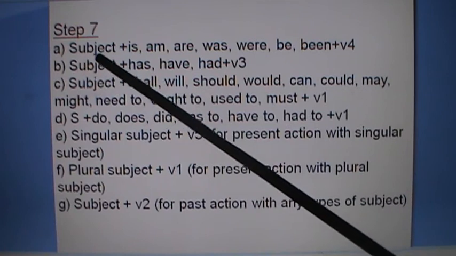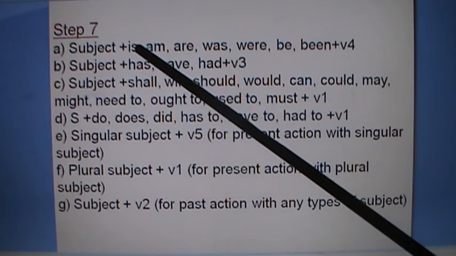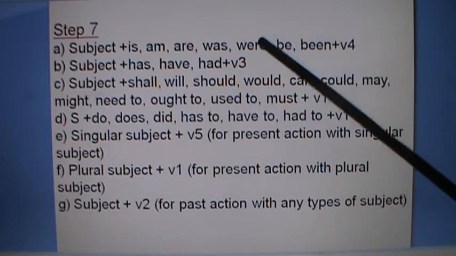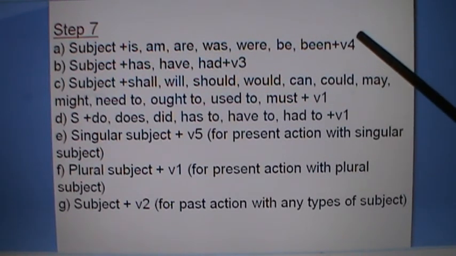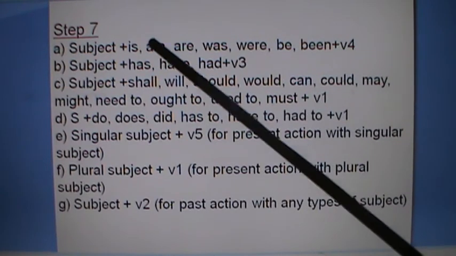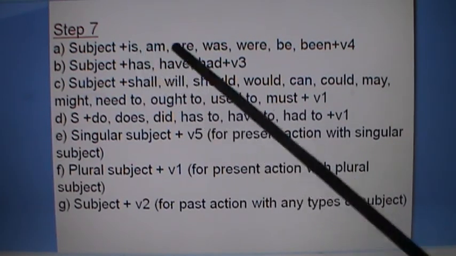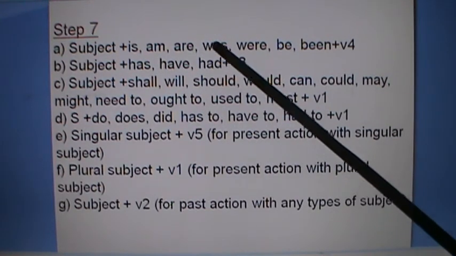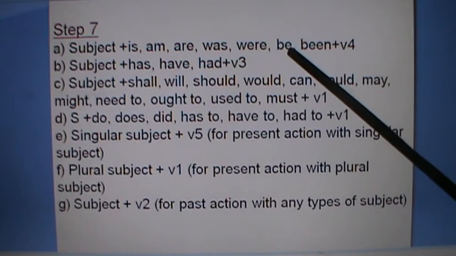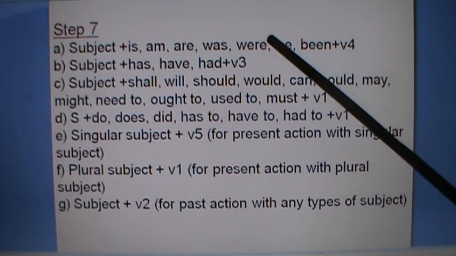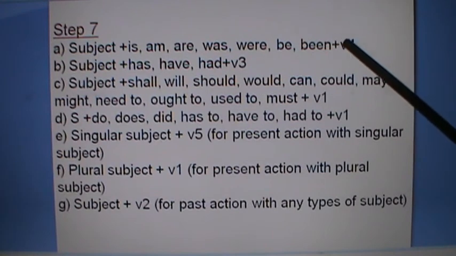For example, subject plus am, are, was, were, be, been, any auxiliary verb, then we have to use verb 4 in a statement. For example, she is coming, I am reading, I am teaching English to you, they are dancing, he will be going, they have been speaking for long. In this way we can use verb 4.